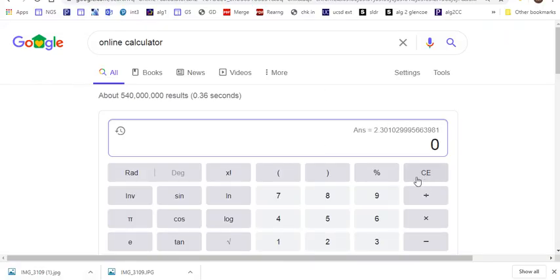Log of 100, divided by log of 9, and that equals 2.09, let's say 2.096.